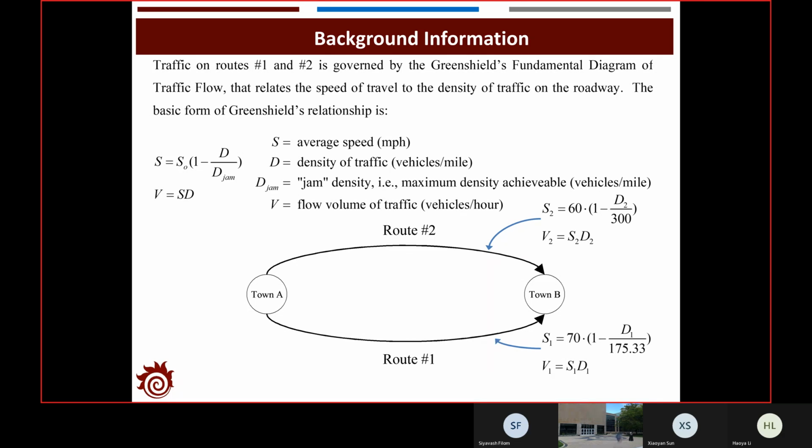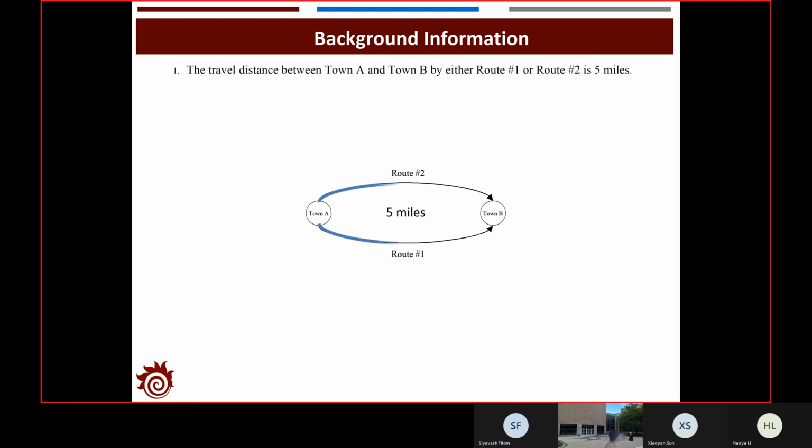In this example, we assume that for route 1 the free flow speed is 70 miles per hour and the maximum density is 175, and for route 2 it's 60 and the maximum density is 300. The distance is provided at 5 miles.